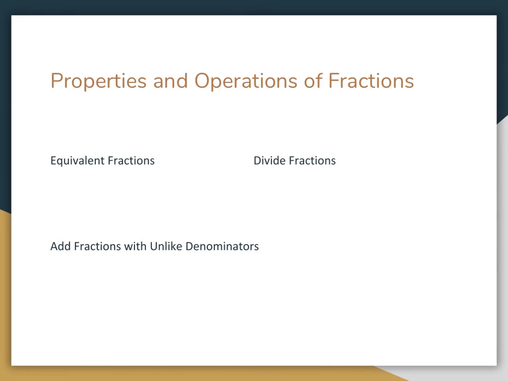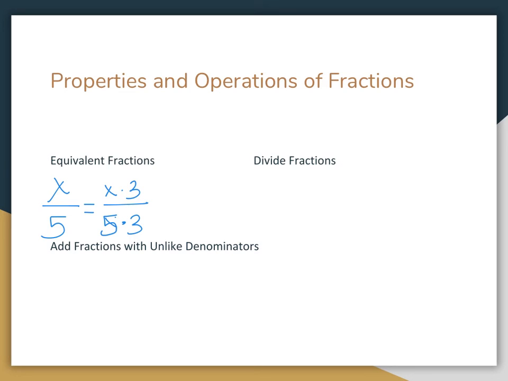So let's talk for a minute about some properties and operations of fractions. So we're going to generate a fraction that is equivalent to x over 5. The way we can do that is by multiplying by 3 over 3.